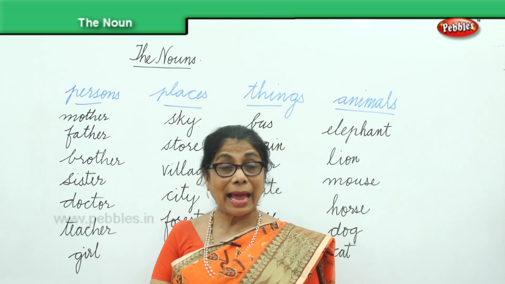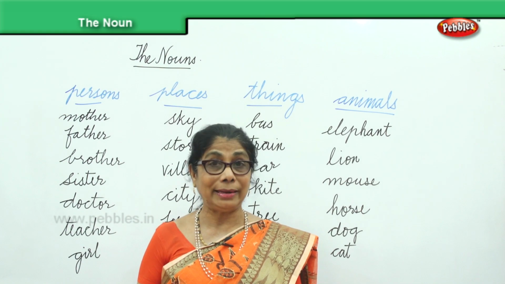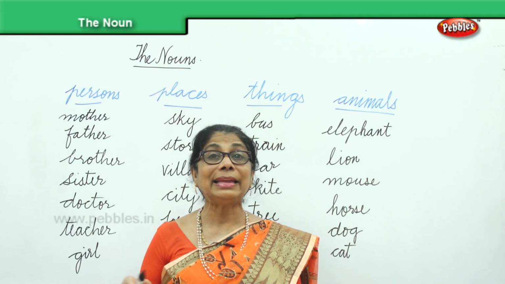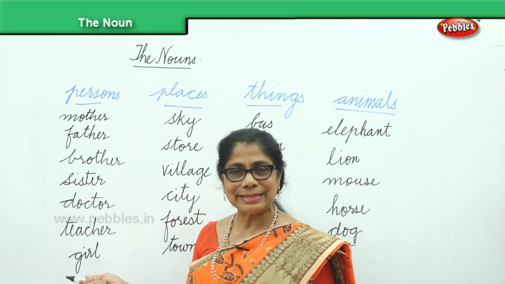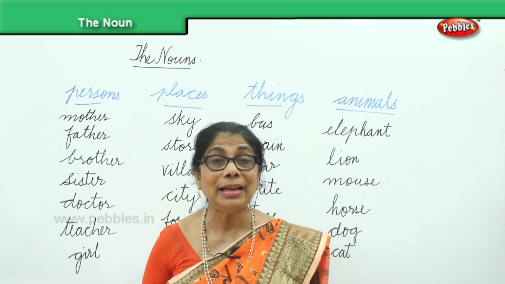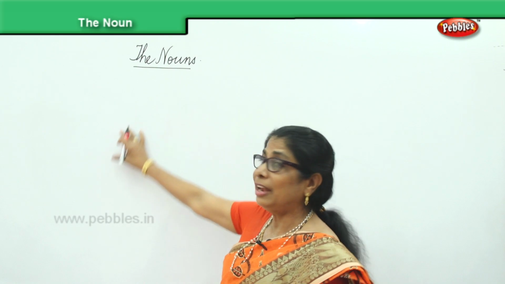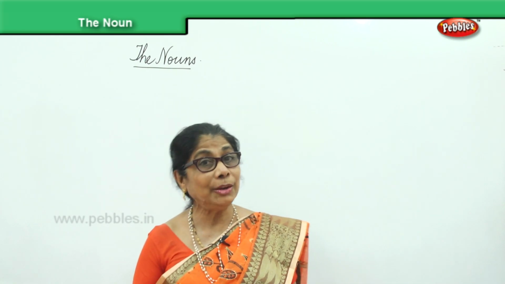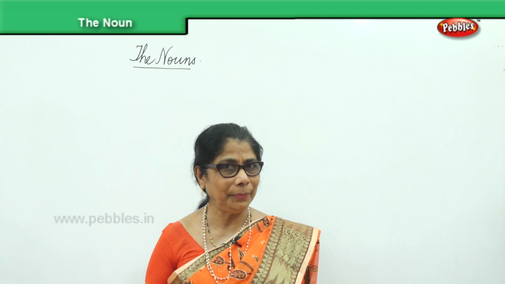Now I'll give you a few sentences and you can look at the nouns in the sentences. We will look at the sentence and you will help me to circle out the nouns.